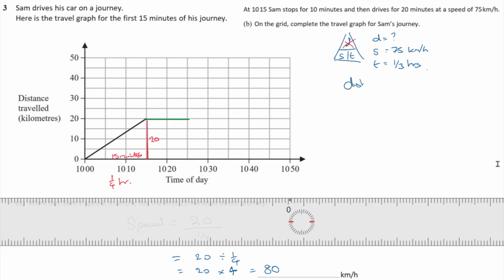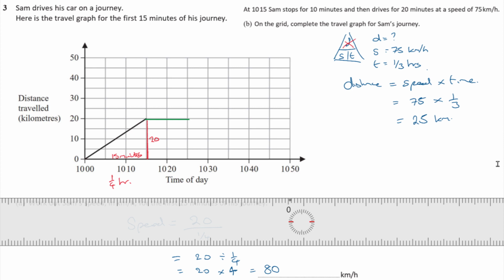So distance equals speed times time, which is 75 times 1/3, or in other words, 75 divided by 3, isn't it? So that is 25 kilometers. So I know in 20 minutes he's going to go 25 kilometers.